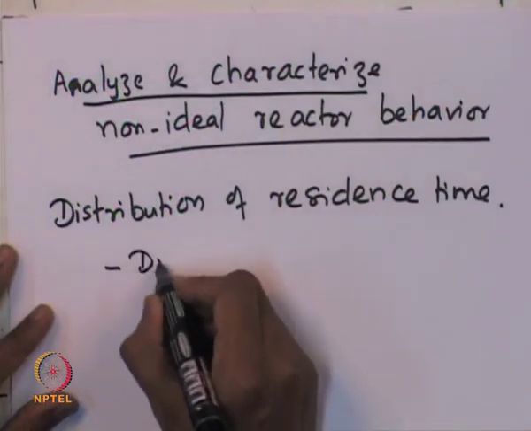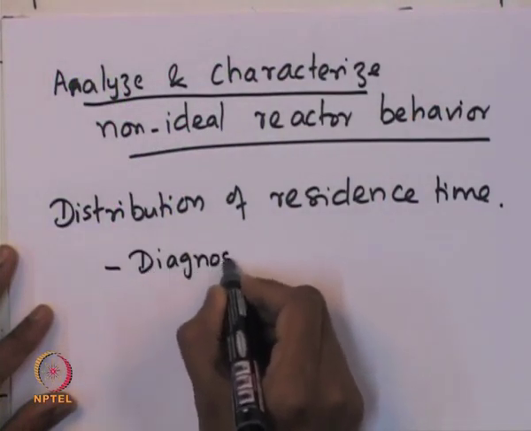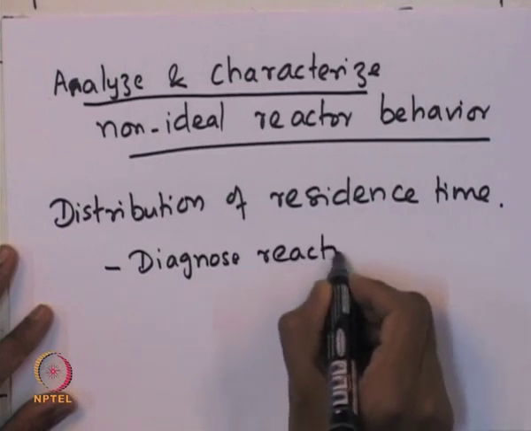So, the distribution of residence time is actually used to diagnose the reactor operation problems.